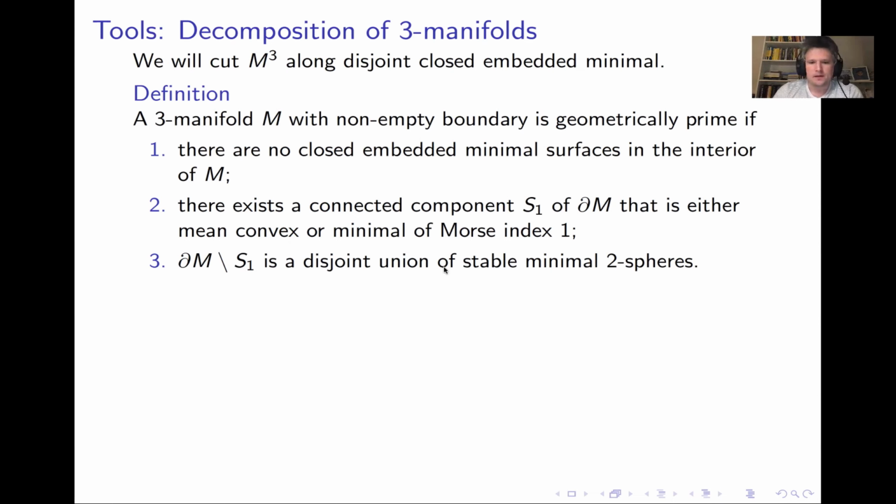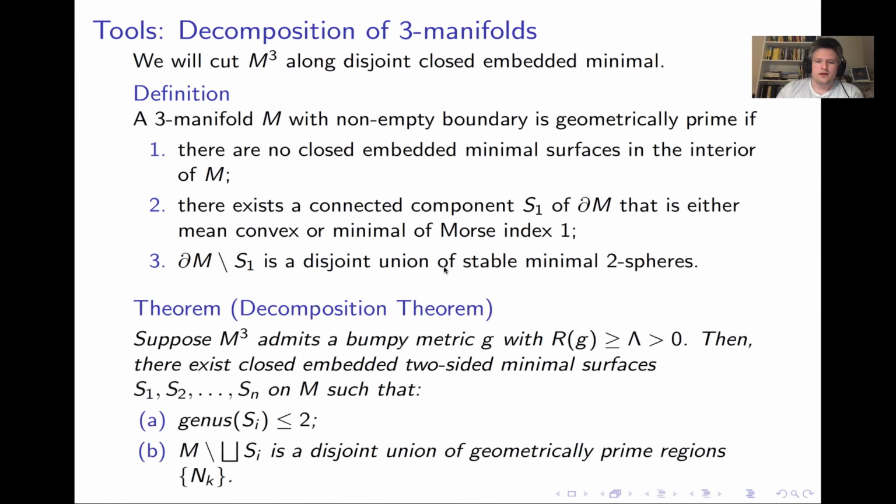Okay, so the theorem is that if we have a manifold with a bumpy metric of positive scalar curvature, then we can find a finite list of surfaces such that they all have genus at most 2. And moreover, when I remove them from M, so M minus all these surfaces, it's a disjoint union of geometrically prime regions.